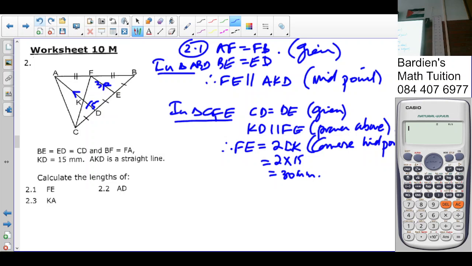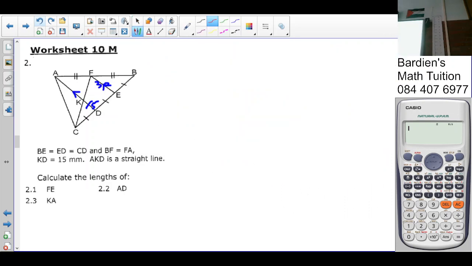Okay. So what I'm going to do is take this off because I want to keep the diagram in focus. Okay. 2.2. They want you to calculate AD. Now, AD, can you see this diagram? What is AD? It's double 30. Not so? Okay? So do I have to again say that AF is equal to FB and BE is equal to ED?